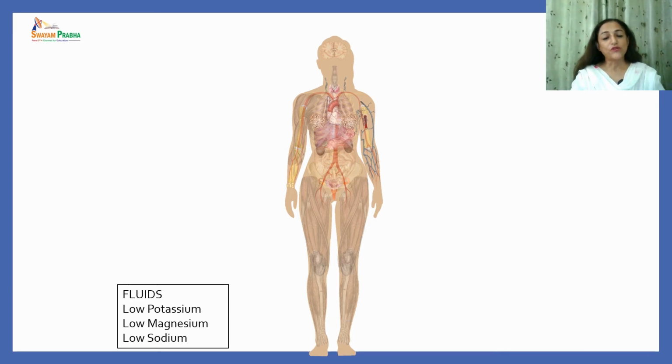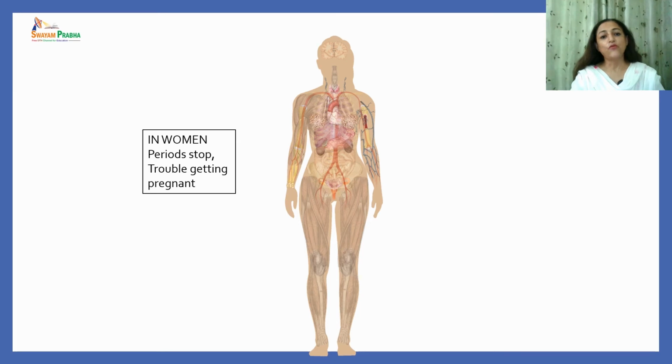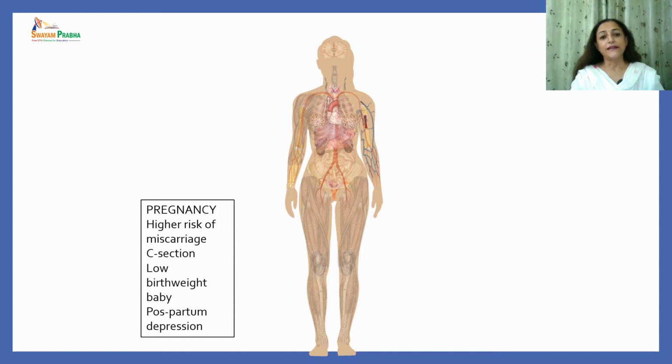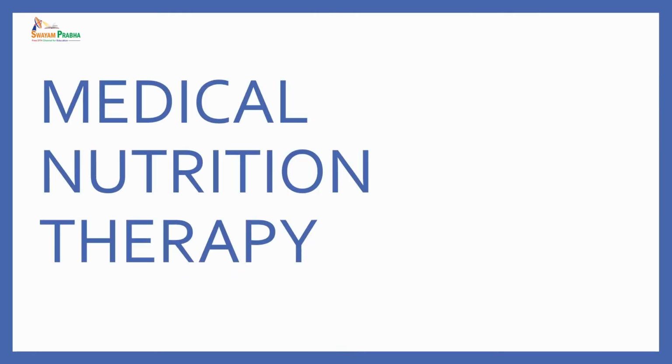There could be low potassium, low magnesium, and low sodium because of fluid imbalance. In women, the periods will stop, and there will be trouble getting pregnant once they reach that stage. During pregnancy, higher risk of miscarriages, cesarean section, low birth weight babies, and postpartum depression are the usual complications in this condition.